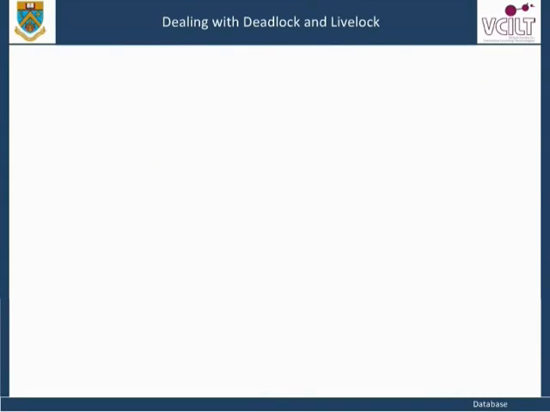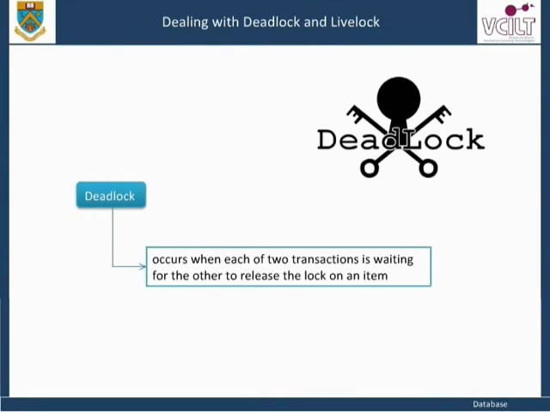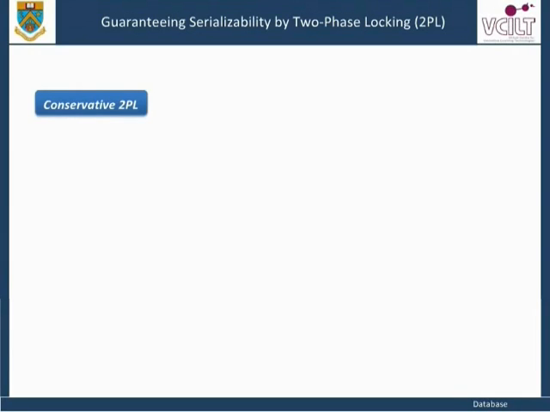Dealing with deadlock and live lock. Deadlock occurs when each of two transactions is waiting for the other to release the lock on an item. Conservative 2PL. A variation of the basic 2PL is conservative 2PL, also known as static 2PL, which is a way of avoiding deadlock.